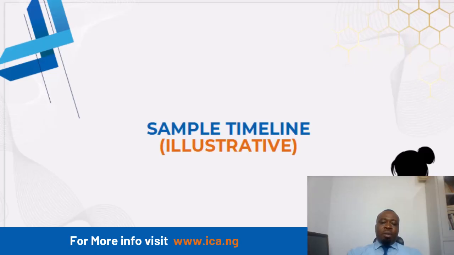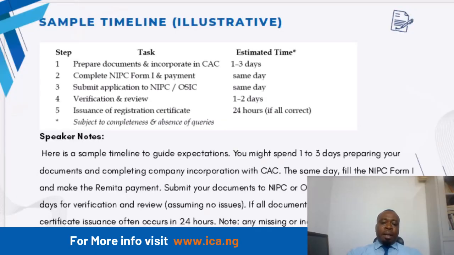Okay, let's now take a look at a sample illustration. Here is a timeline to guide expectation. You might spend up to 1 to 3 days preparing your documents and completing company incorporation with the CAC.